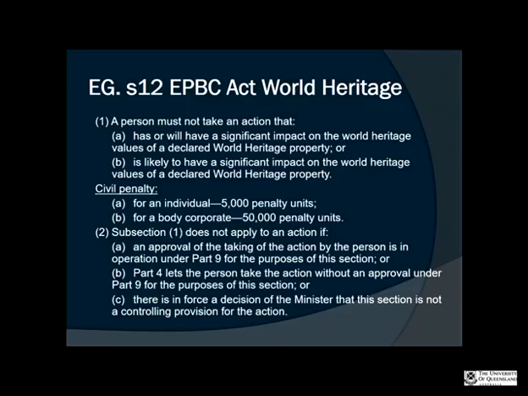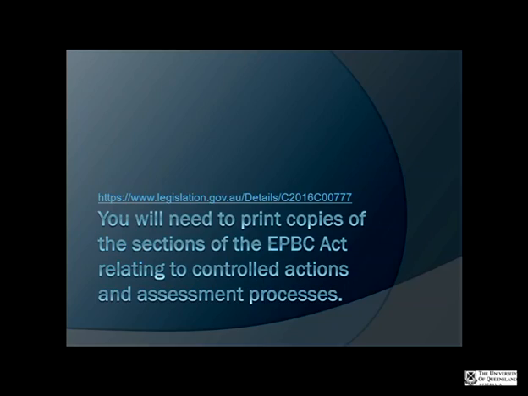So you need to know those parts of the EPBC Act, and you also need to know the assessment parts of the EPBC Act, so the processes for referral and for assessment of the approval. Oh, that bit saved. There you go. You'll need to print copies of them relating to controlled actions and the assessment processes.